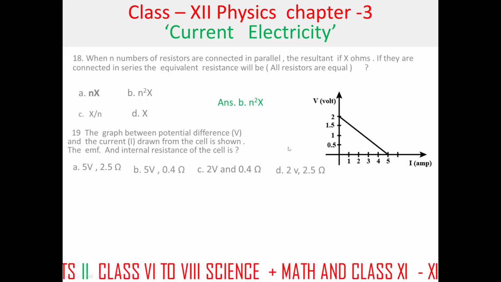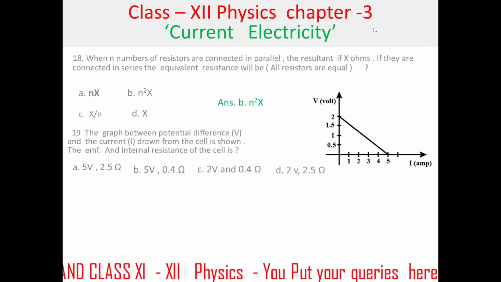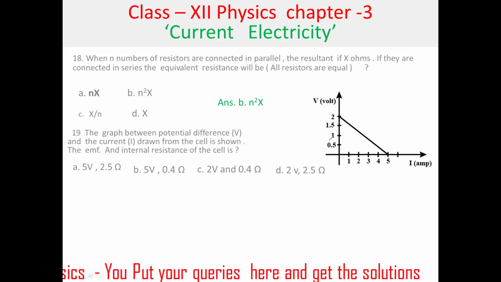So how will you find out this? This needs to be understood properly, otherwise you will not be able to give the answer. Let's see this graph. Voltage is shown in y direction and ampere is shown in x direction, 1, 2, 3, 4 ampere. Now, how will you find out the internal resistance?